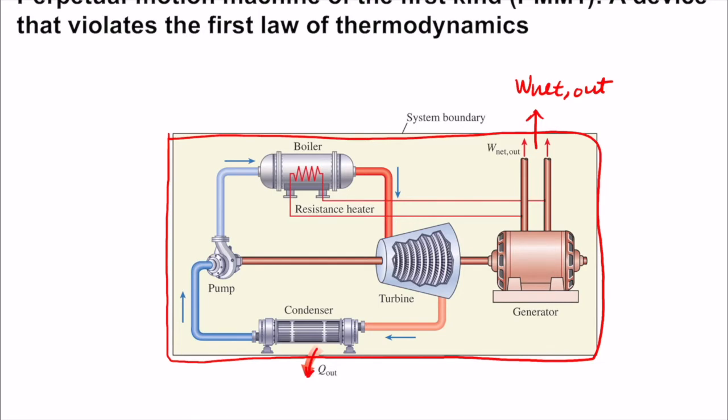And the boiler is basically sustained by the electrical resistance heater inside, so there should be no heat input. Now, because we are talking about a cycle, if we apply the first law of thermodynamics, then the internal energy change of the system should be 0. And now we have one heat out, and we have one work out.